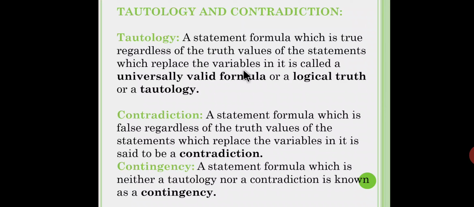What is the definition of tautology? If all the possible truth values of a compound statement are true, then the statement is called a tautological statement or tautology. Next one, contradiction. A statement formula which is false regardless of the truth values of the statements which replace the variables in it is said to be a contradiction.